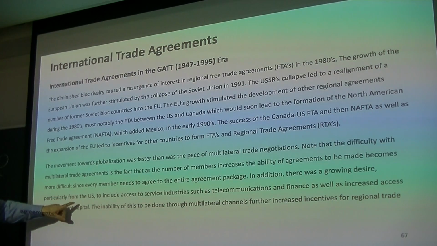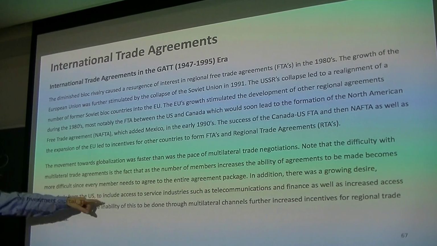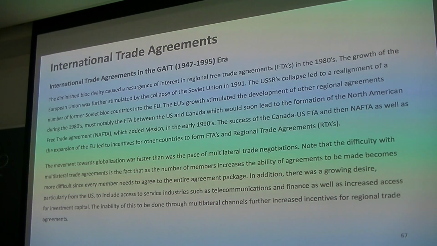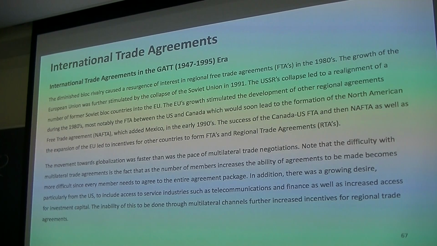Another factor was a growing desire, particularly in the United States, to include access to service industries, including telecommunication and finance, as well as increased access for investment capital. So investment banks wanted more access to global markets, telecommunications, finance in general.